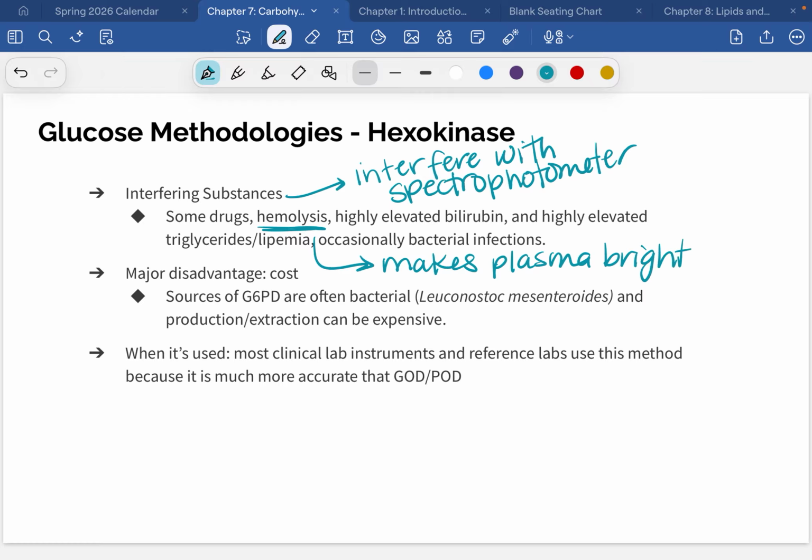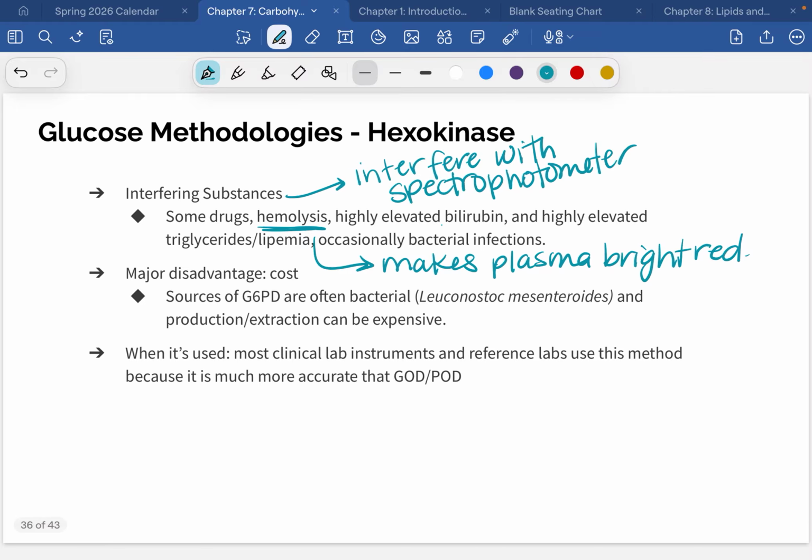And we're going to talk more about hemolysis later. That is when the red blood cells break within the tube. But what that will cause is it makes the plasma bright red, instead of that goldeny yellow color that it's supposed to be.